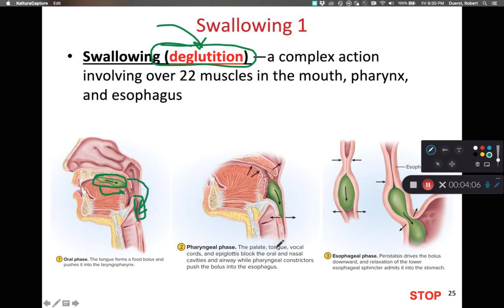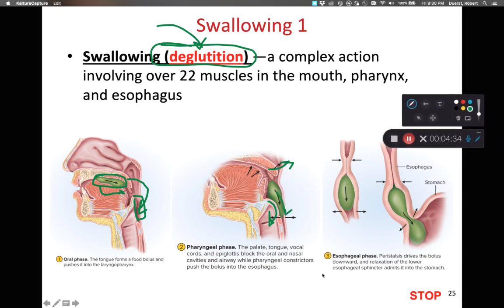As the food moves towards the laryngopharynx, it is going to get caught by the epiglottis and fold that epiglottis downward to help block access to the larynx. And the uvula is folded upward to help keep that food from getting into the nasal cavity. And the only way left for the food to go is down into the esophagus.